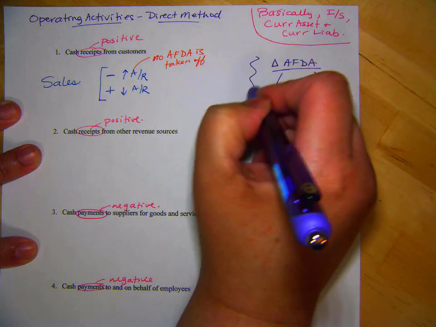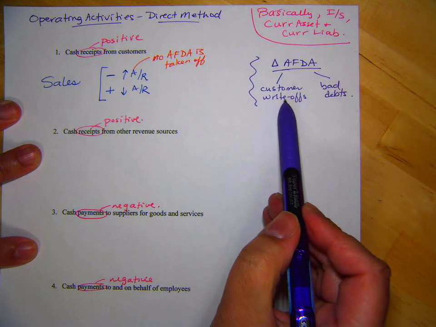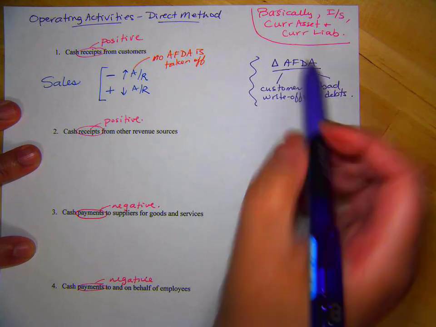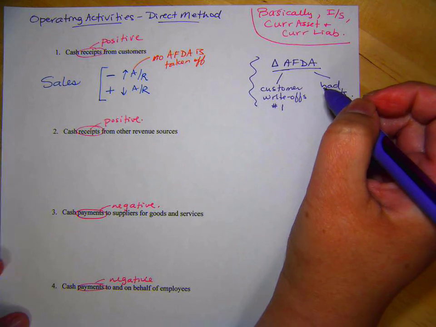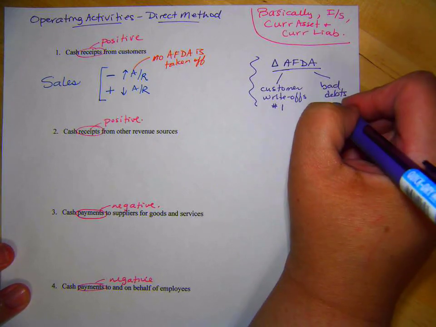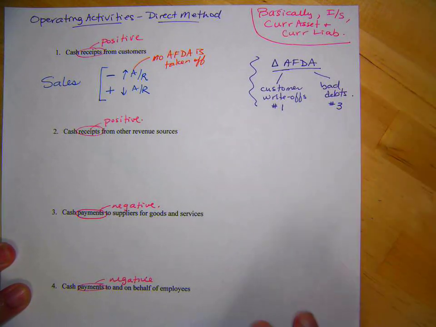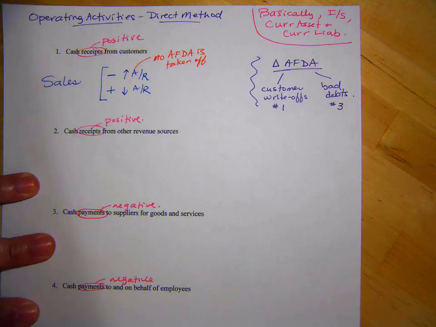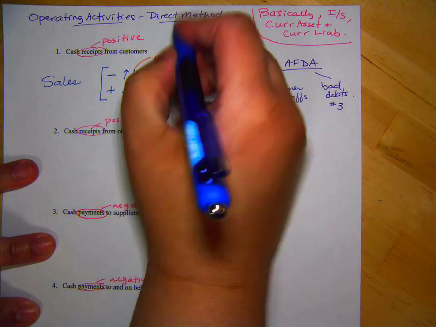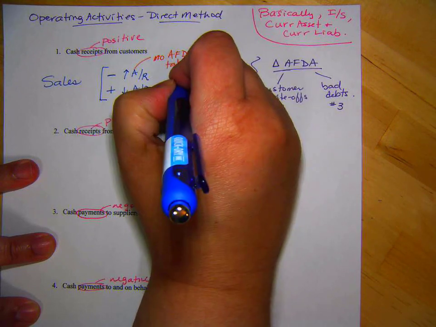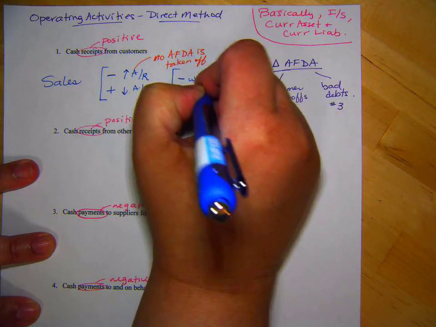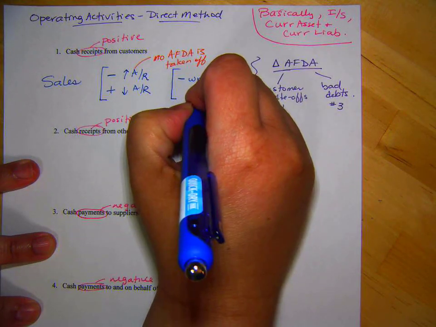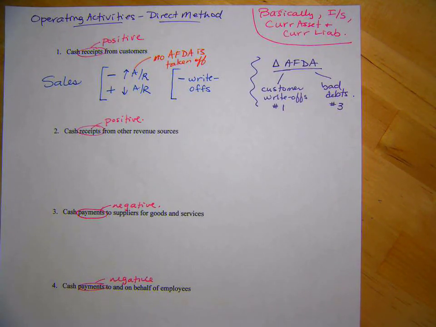Okay? So we're going to split this piece up. This is going to go in number 1. And the bad debts are going to go in number 3. So we'll have to minus any write-offs of AR. And that's how we're going to figure out how much cash we got from customers.